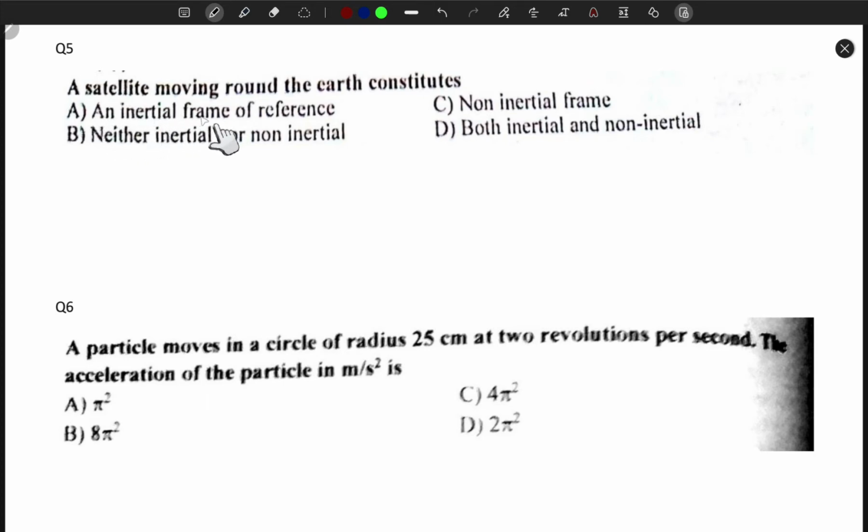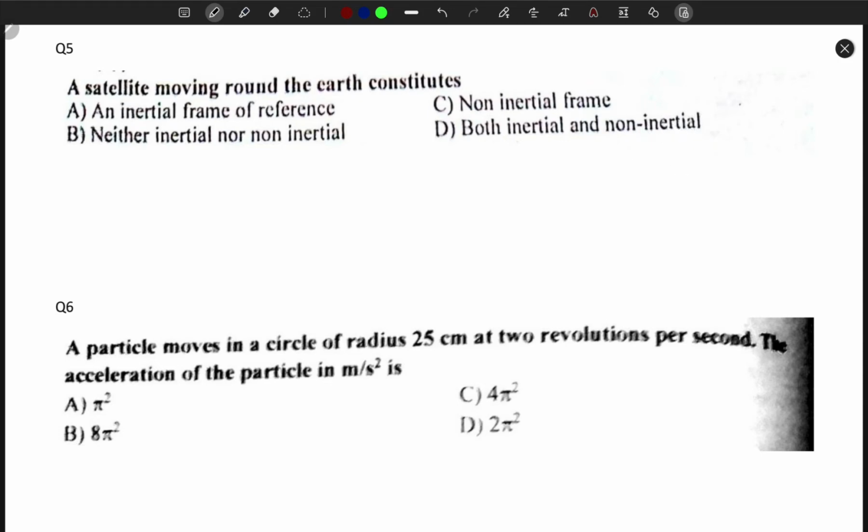An inertial frame of reference, or non-inertial frame, or neither inertial nor non-inertial, or both inertial and non-inertial.